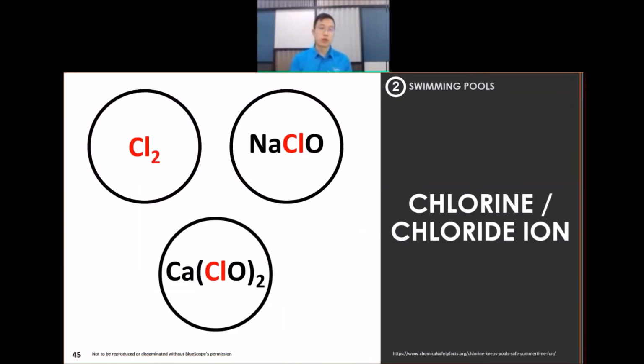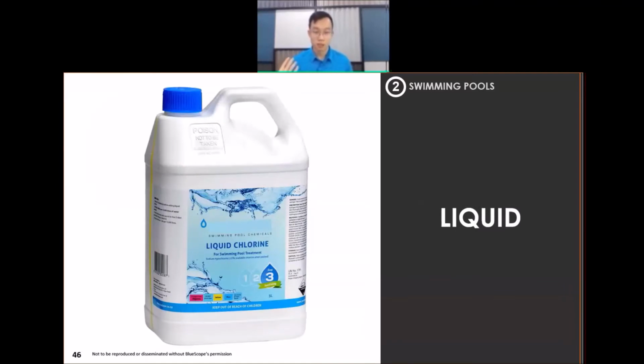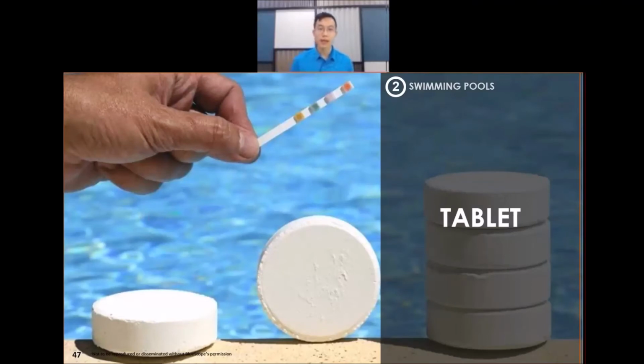For swimming pools, these are the three common chemicals used: chlorine gas, sodium hypochlorite, or calcium hypochlorite. They can exist in either liquid form or tablet form. And of course, there is a measurement of how much you need to add into the swimming pool to have sufficient chemicals to kill the bacteria.